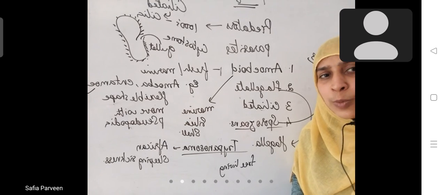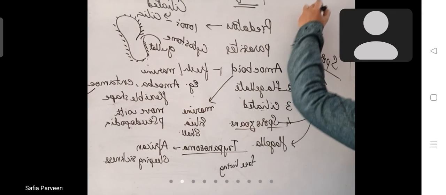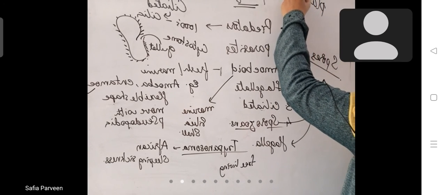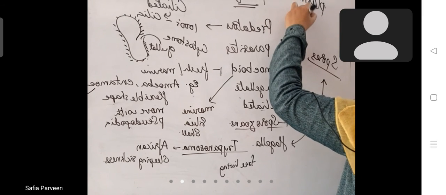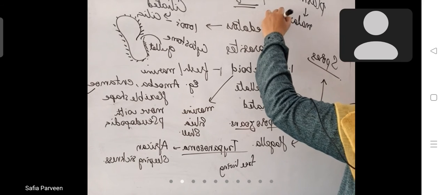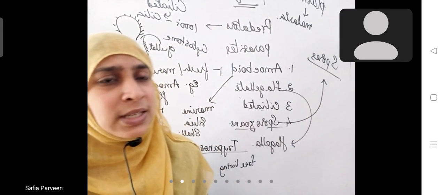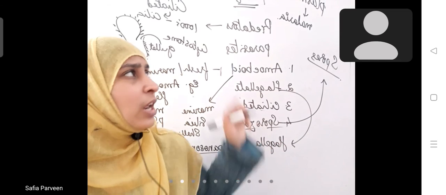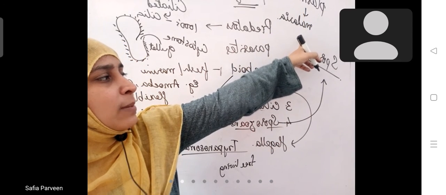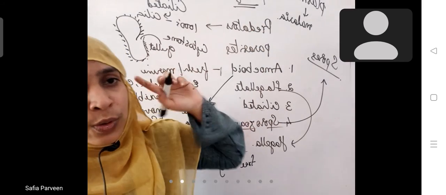At a certain life period they form spores, and they do not have a particular shape. Example, Plasmodium, the malarial parasite. This is the malarial parasite. That Plasmodium is different, this Plasmodium is different. Don't confuse, both have the same name, but you should be alert, children. This Plasmodium, which causes malaria, comes under the sporozoans of protozoa.